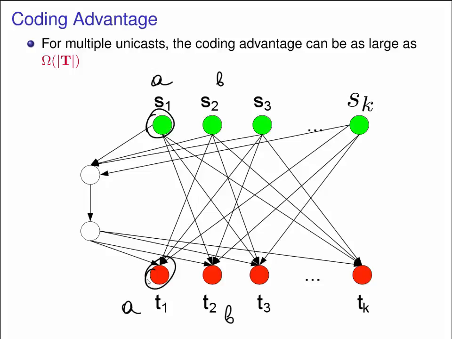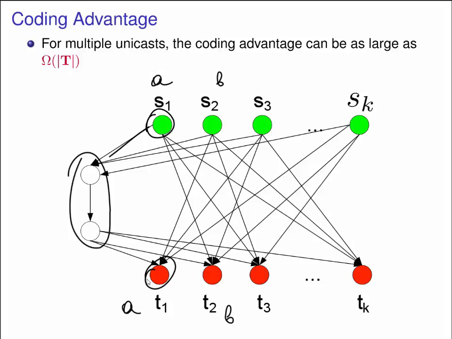This network is constructed such that each source is connected to all other terminals, but not to the terminal that is interested in its own packets. For example, S1 is connected to T2, T3, until Tk, but it's not connected to T1. And the same for other sources. In addition, we have a special bottleneck link, which is connected to all sources and all terminals.